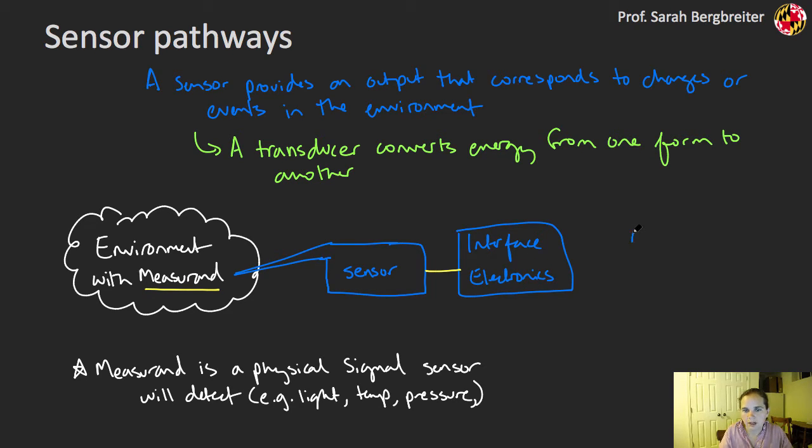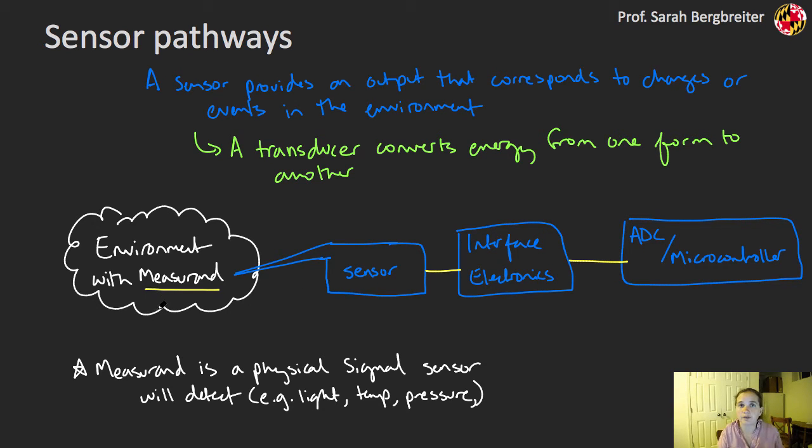And finally, you might go from those interface electronics to something like an ADC or microcontroller like you have on your Arduino, so that you can digitally capture the data from your sensor, and analyze that on your PC, for example, or use that in some other kind of control loop. Okay, so that's the basic pathway that we might have in a sensor setup.